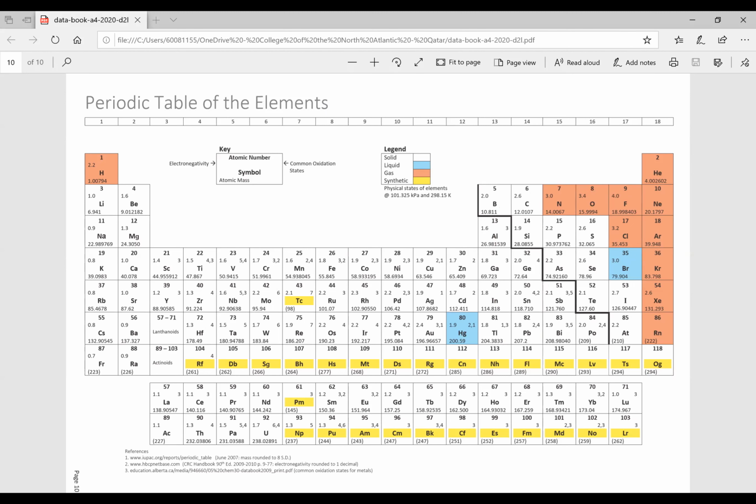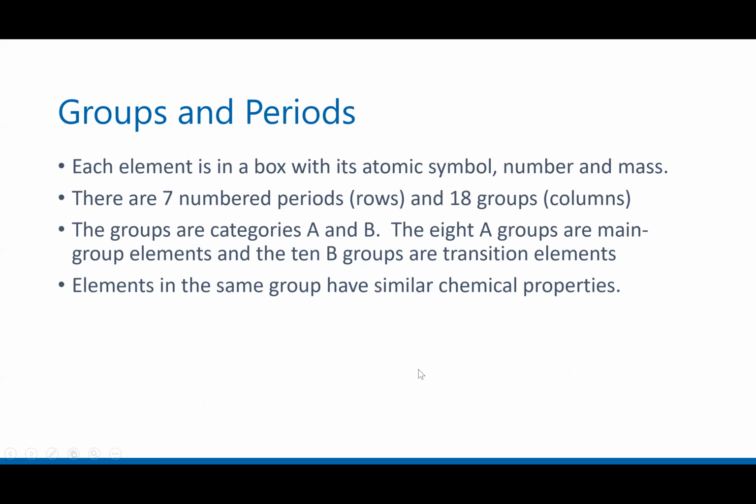Which brings me back to my next slide. This has a lot of information that we will need to know. First of all, groups and periods are really important, but first things first, on your periodic table, we learned this in chapter 1, every element is in a box, and inside that box, there's usually information.